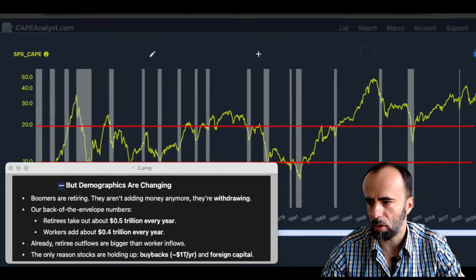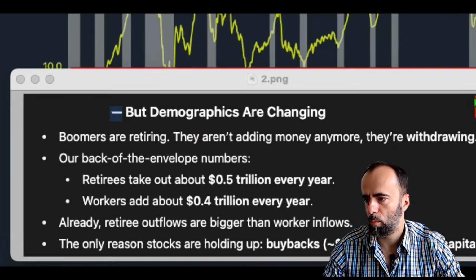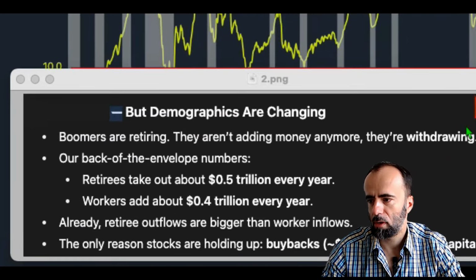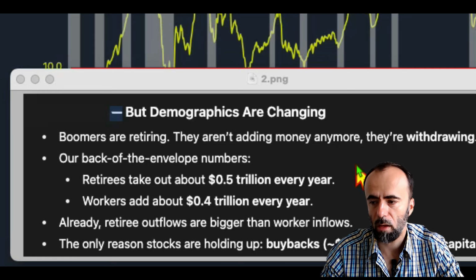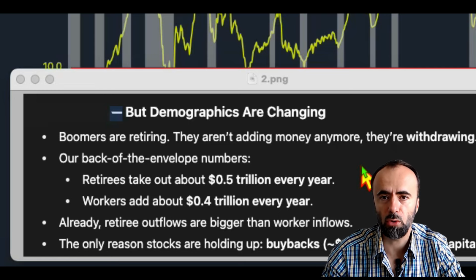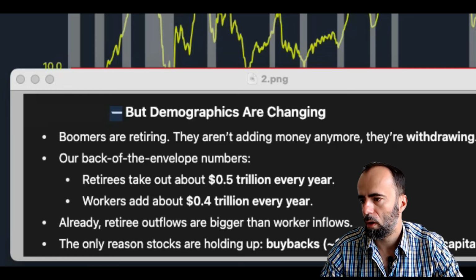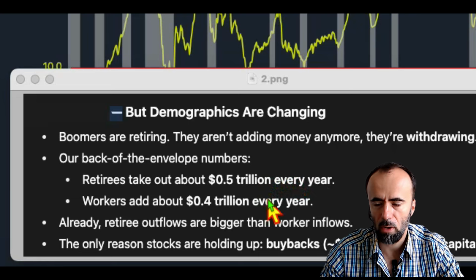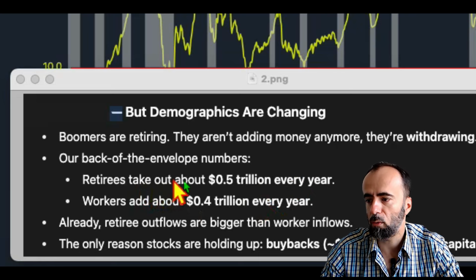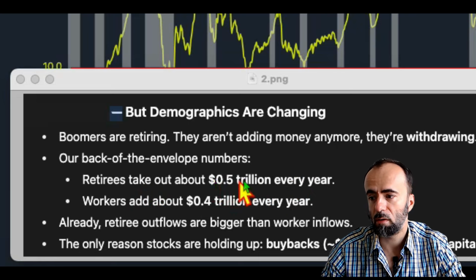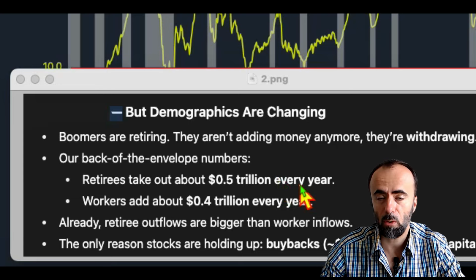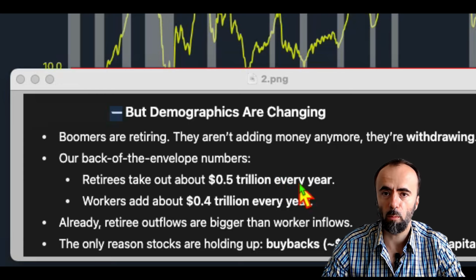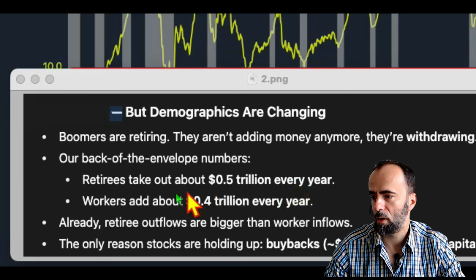But this is changing. Demographics are changing. Boomers are retiring. They aren't adding money anymore. They are actually now withdrawing more and more. So let's look at the numbers. Retirees take out about 0.5 trillion every year now because more and more boomers are retiring.